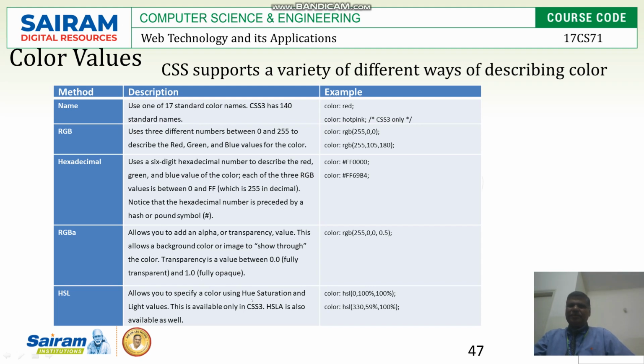Then HSL is another one, using hue, saturation and lightness. There also you can write like this. We are saying you can use all these, but when you write the program, you use these values, so that you understand them very clearly.